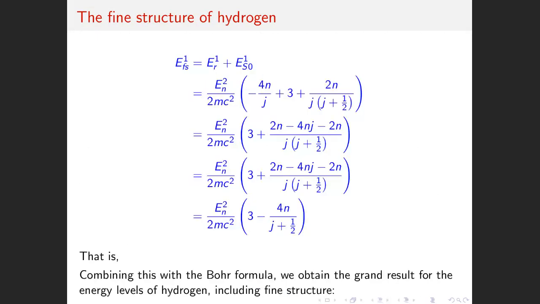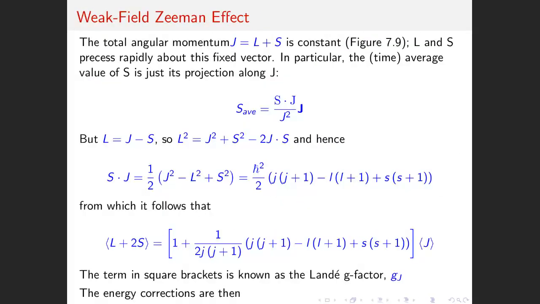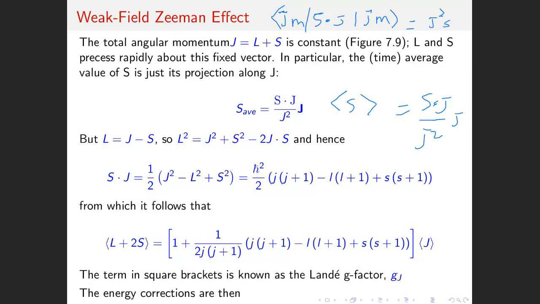So the time average of them will be the projection of the vector along J, which ends up giving you that S expectation will just be given by S dot J over J squared times J, which is what I've just shown, because S dot J was sandwiched between Jm and Jm.